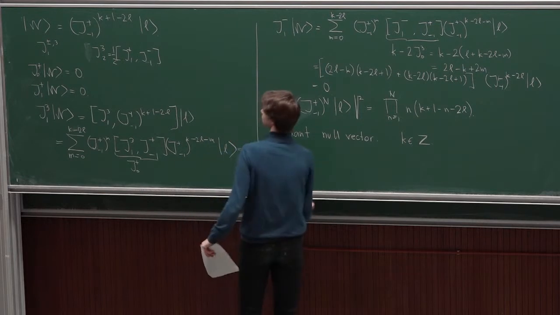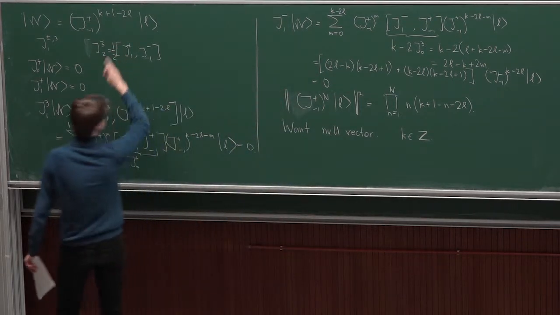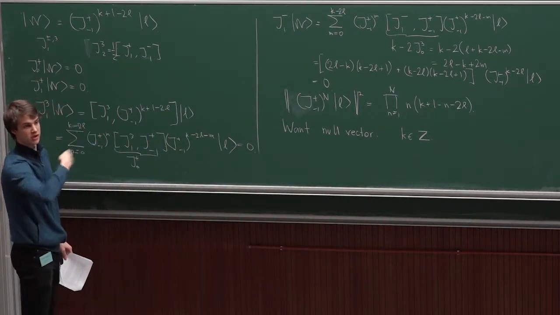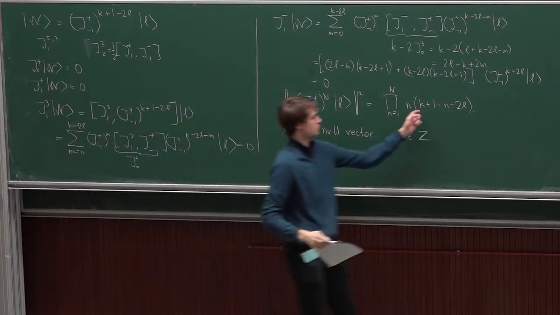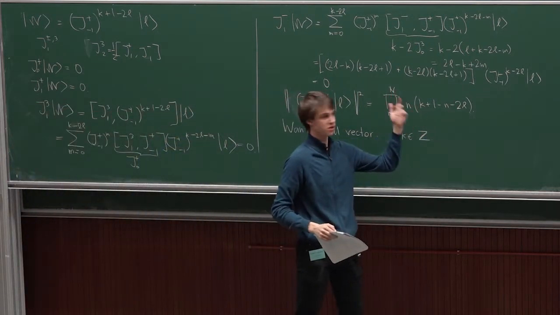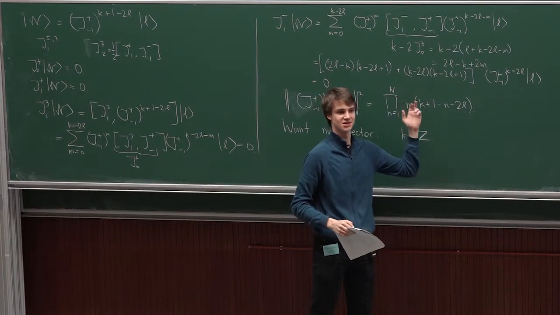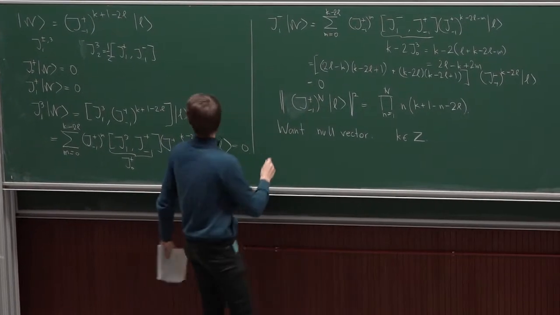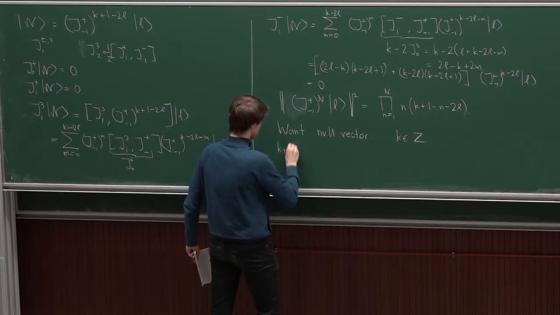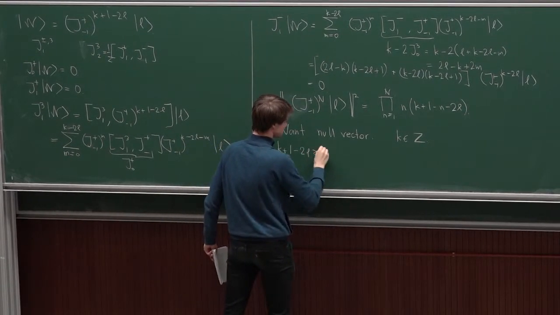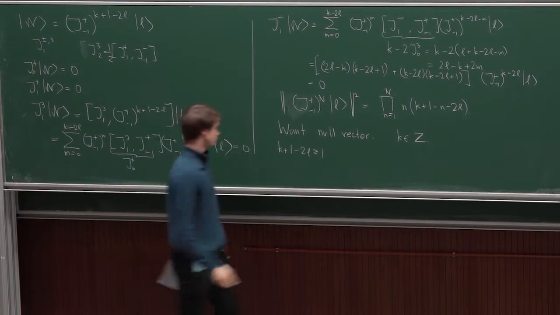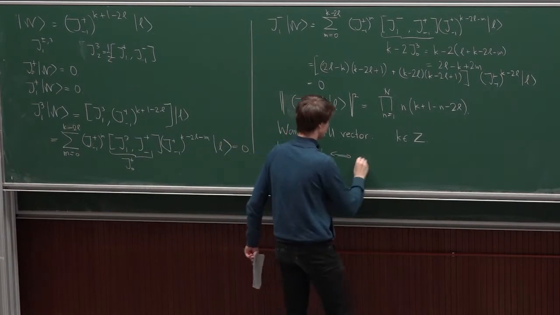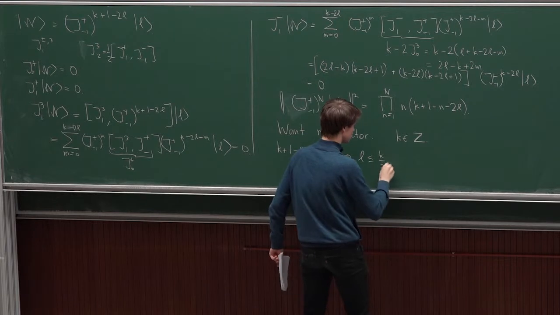But there's another conclusion, because also this should appear at a positive level. If it doesn't appear at a positive level, if k plus 1 minus 2l is smaller or equal than 0, then this is just doomed from the get-go, because it's already 0 at the first excitation. So I also want that k plus 1 minus 2l is at least 1. But that is equivalent to saying that the spin is bounded by k over 2.